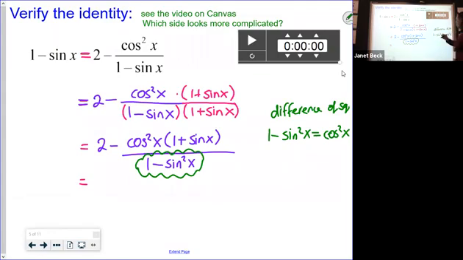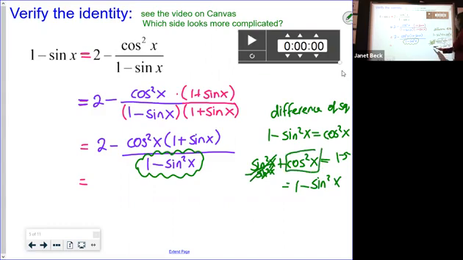If you need me to show you why, this is the identity everyone is supposed to know. If I have sine squared x plus cos squared x equals 1, and I subtract sine squared x from both sides, all I'm left with is this.